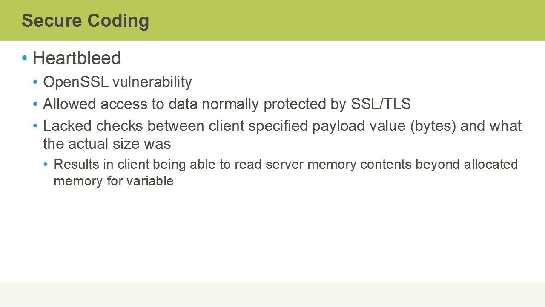Now, because this wasn't checked properly on the server side, it resulted in the client being able to read server memory contents beyond what was allocated for the variable containing the client data. So essentially, an attacker could cause the server to read and return the contents of memory beyond the end of the submitted packet data. And that, of course, violates secure coding practices.